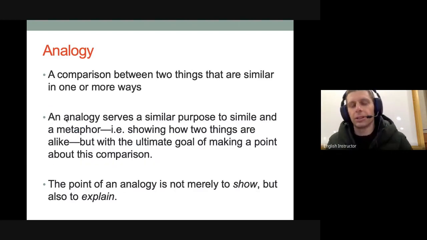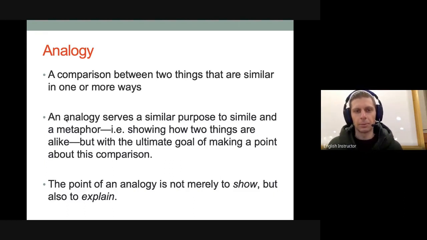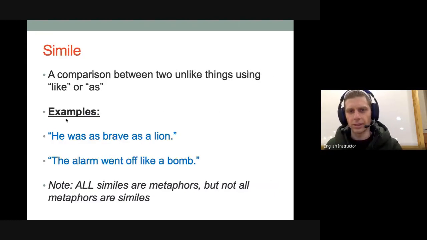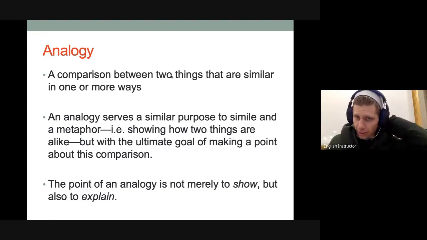The other comparison literary device we have is an analogy. An analogy is a comparison of two things that have at least something in common. Whereas these are two unlike things for similes and metaphors, analogies have at least one thing that they share in common, that they're similar.